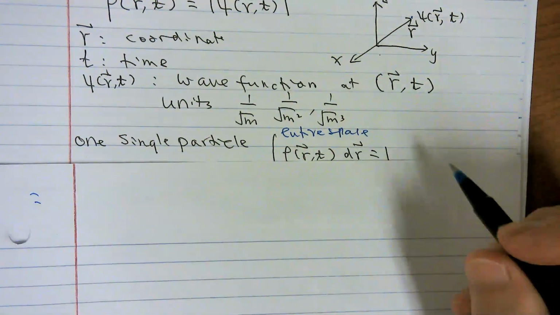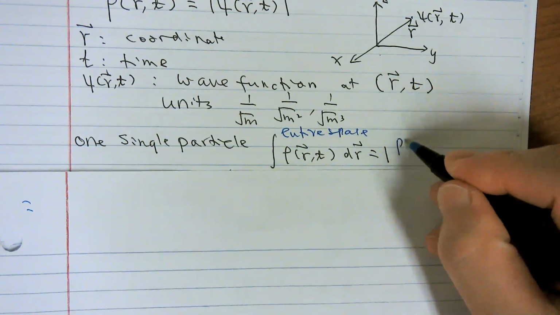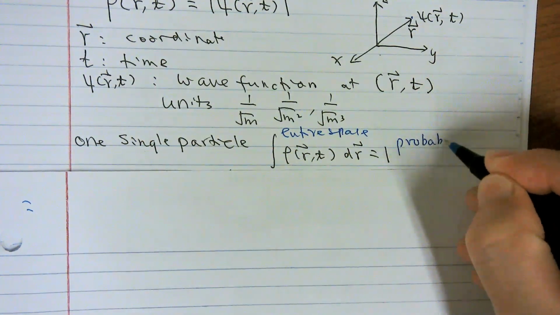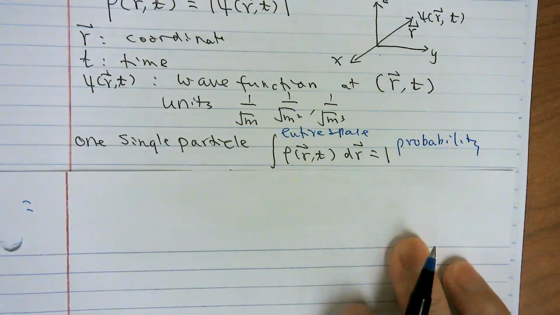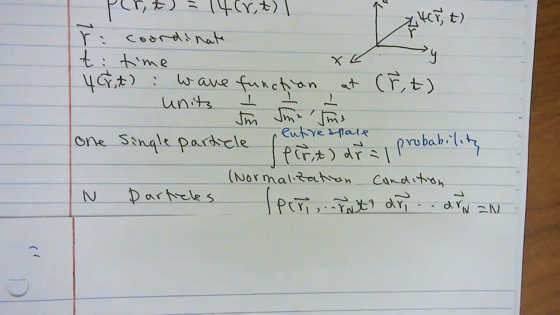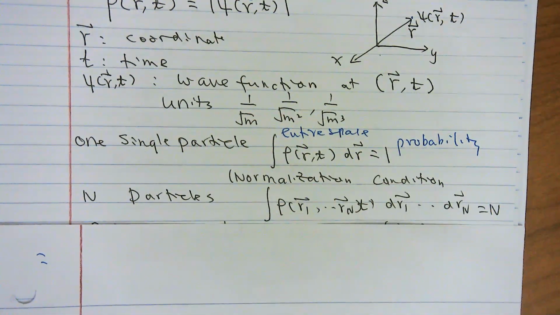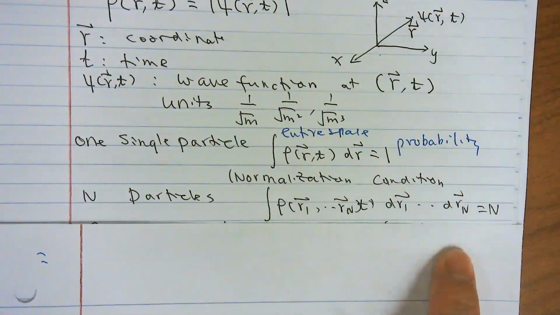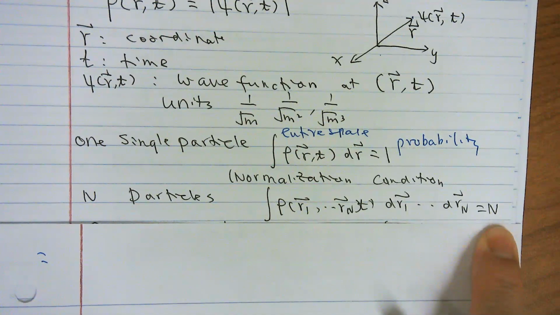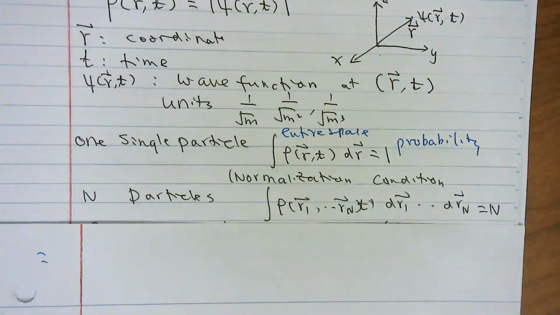So this 1 is really the probability. It has no unit. If you have more than one electron, suppose you have n electrons, then you end up with the integration equal to n. And this is again also called normalization.